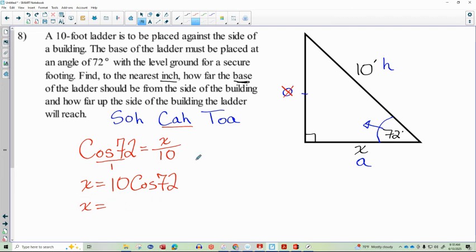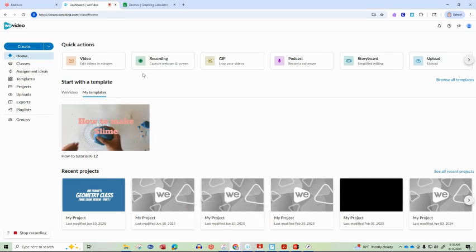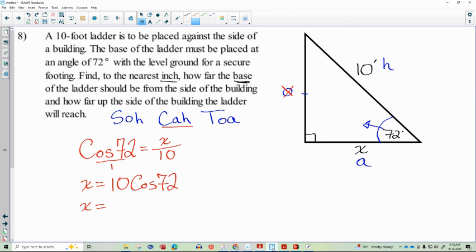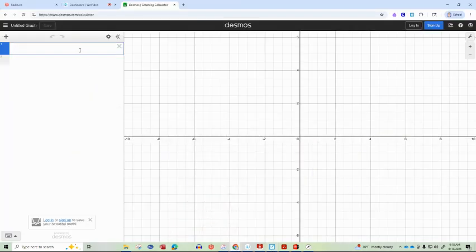And I'm going to go to my, in this case, I'm on my computer here. So I'm going to go to the Desmos calculator. And I'm going to put 10 cos 72. Let's do that. Now you see I have a negative number.